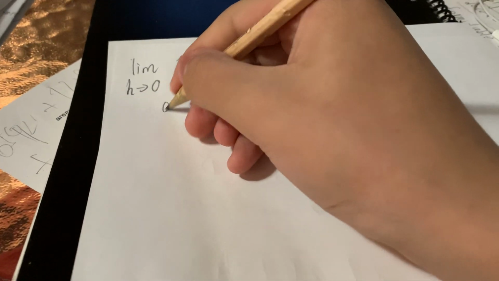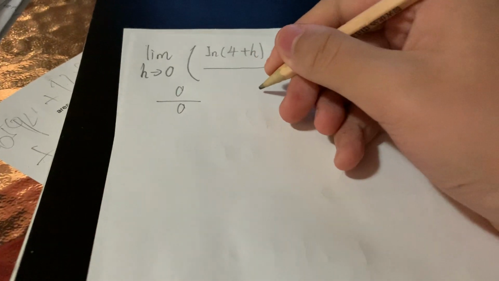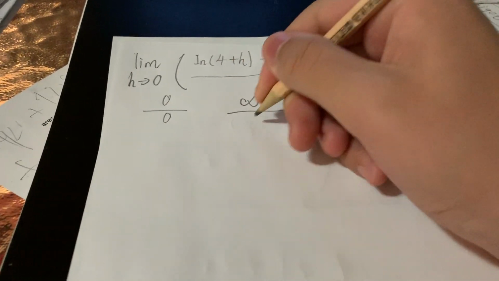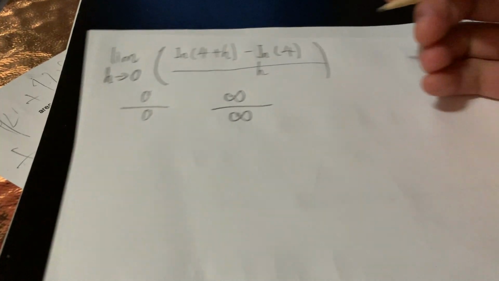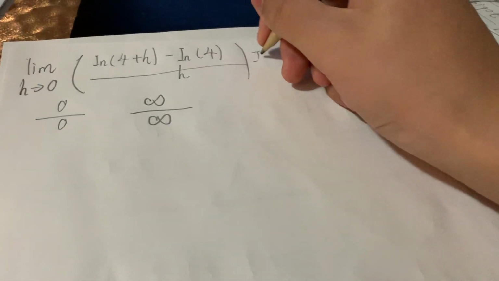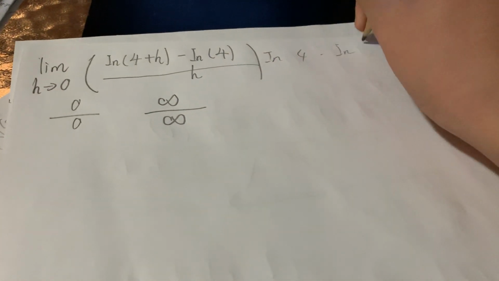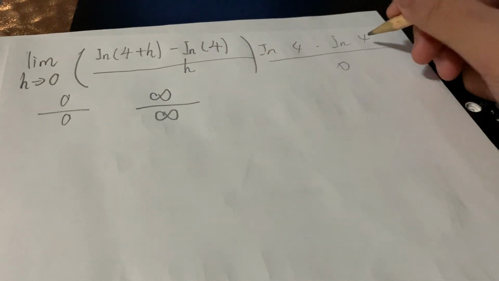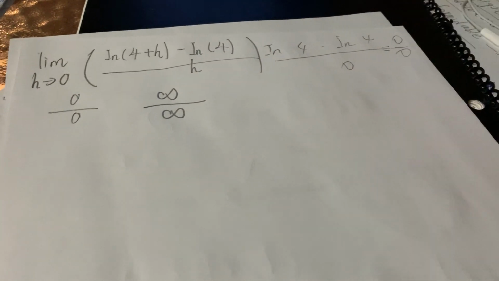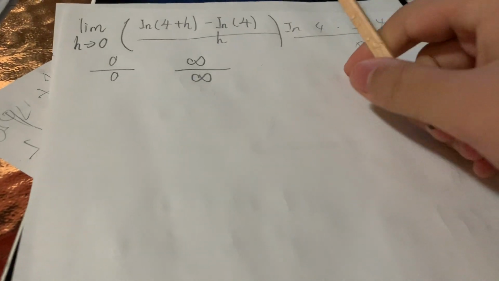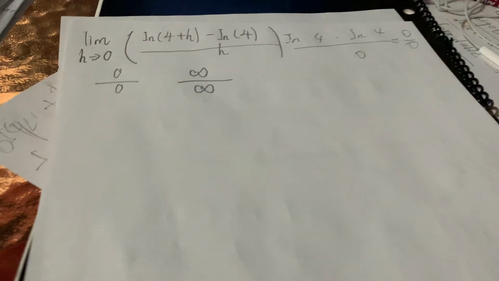The mandatory idea for L'Hopital's rule to work is this. So we just put 0 here: ln 4 minus ln 4 times 0, divided by 0, which is 0 divided by 0. So we prove that L'Hopital's rule is able to work there.